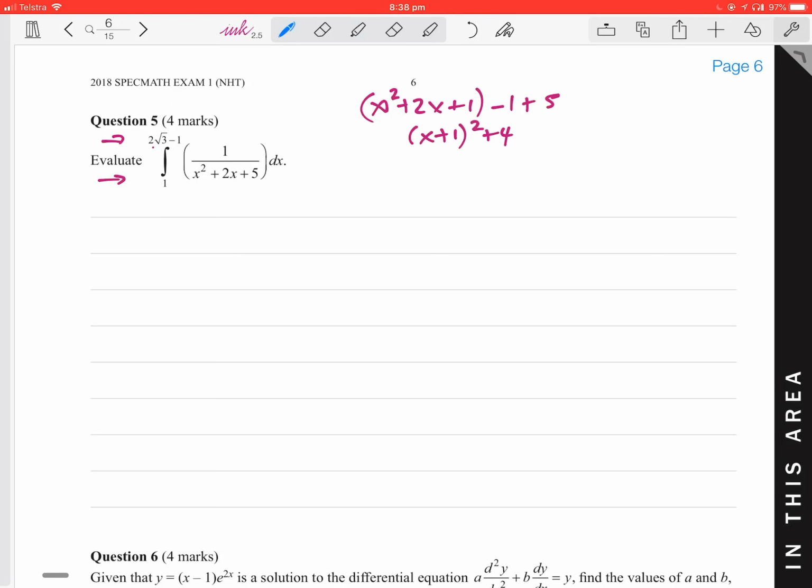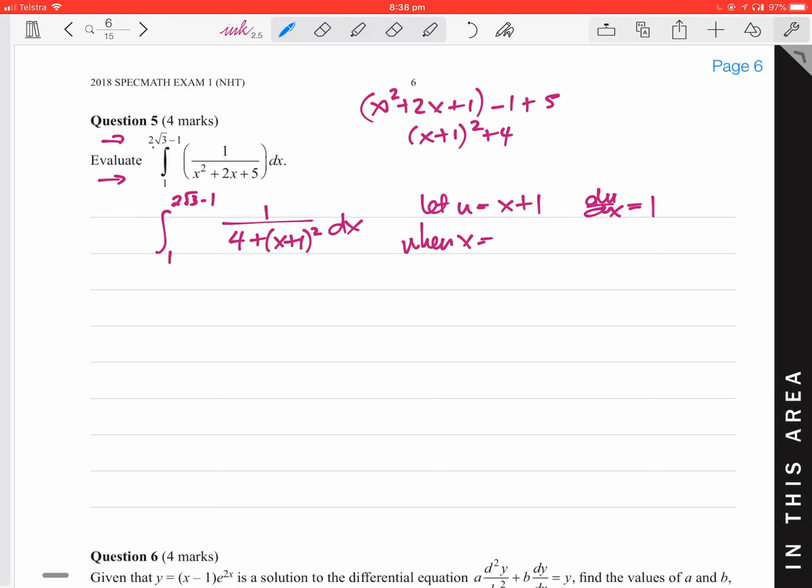So we can say that's equal to the integral from 1 to 2 root 3 minus 1 of 1 on 4 plus x plus 1 squared. Now that looks a lot like a tan, but we're going to have to use a substitution for x plus 1. So let u equal x plus 1. du dx is therefore 1.